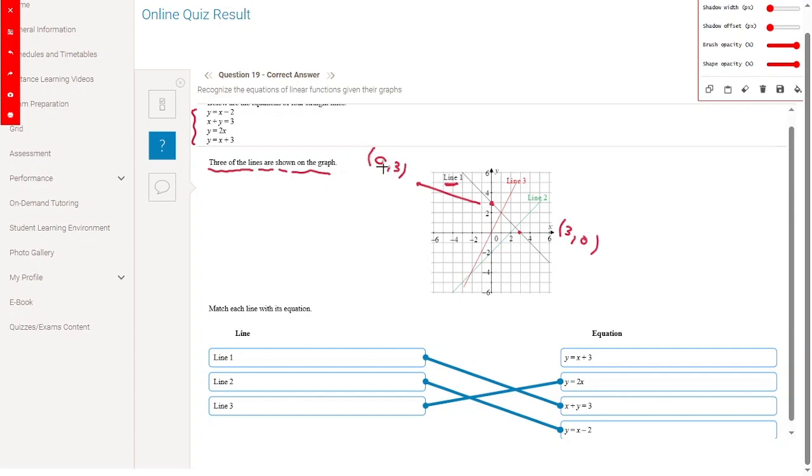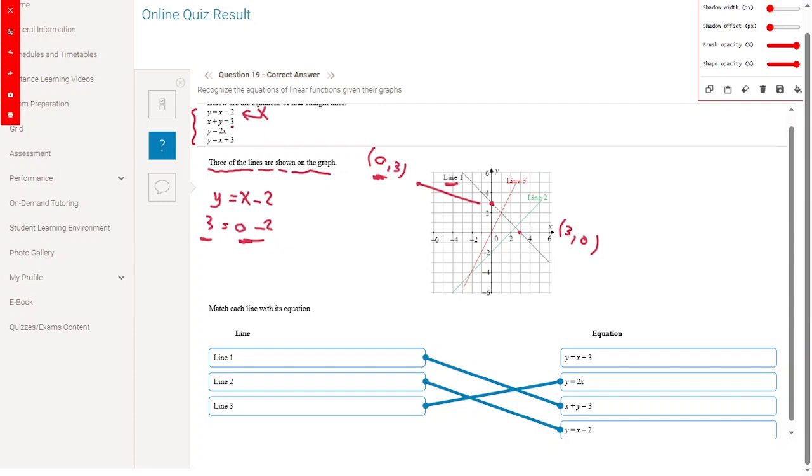For example, let's take the first one, the straight line y equals x minus 2. Let's substitute to see if this point is a solution. x is 0 and y is 3, and 0 minus 2 is minus 2. The left-hand side is not equal to the right-hand side, so this is not the right answer.